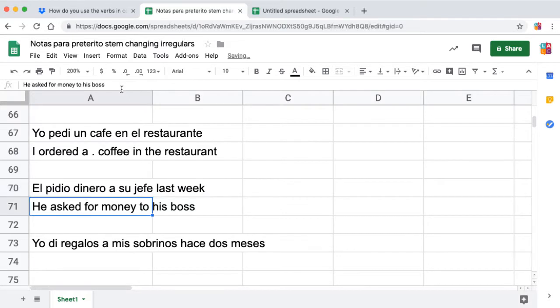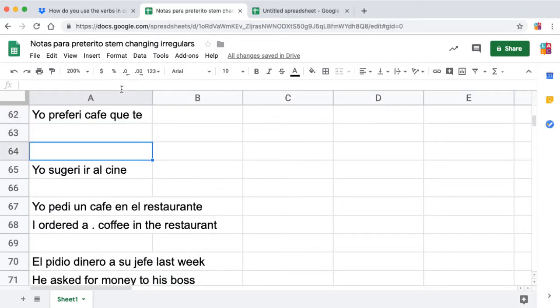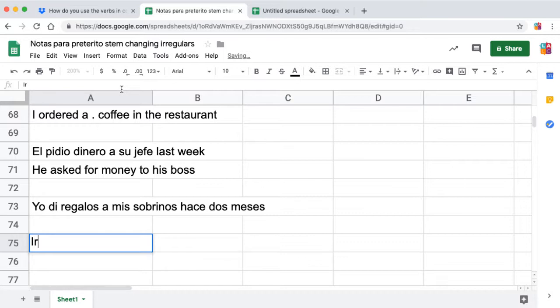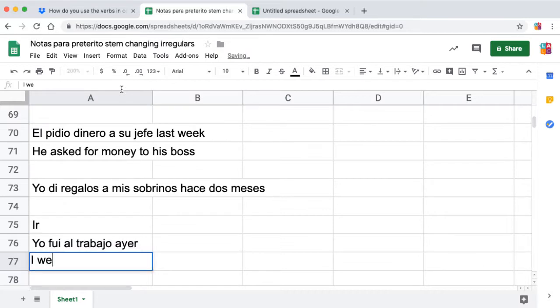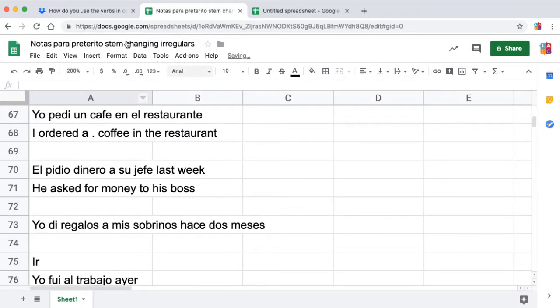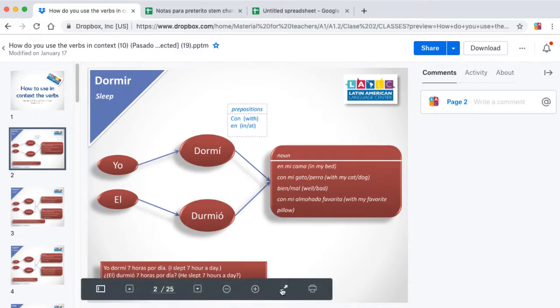I want you to add in each sentence that you make last week, last weekend, and then with fui, remember, with ir, for example, yo fui al trabajo ayer, right? I went to work yesterday. All these types of examples and the different variations, I show in here.